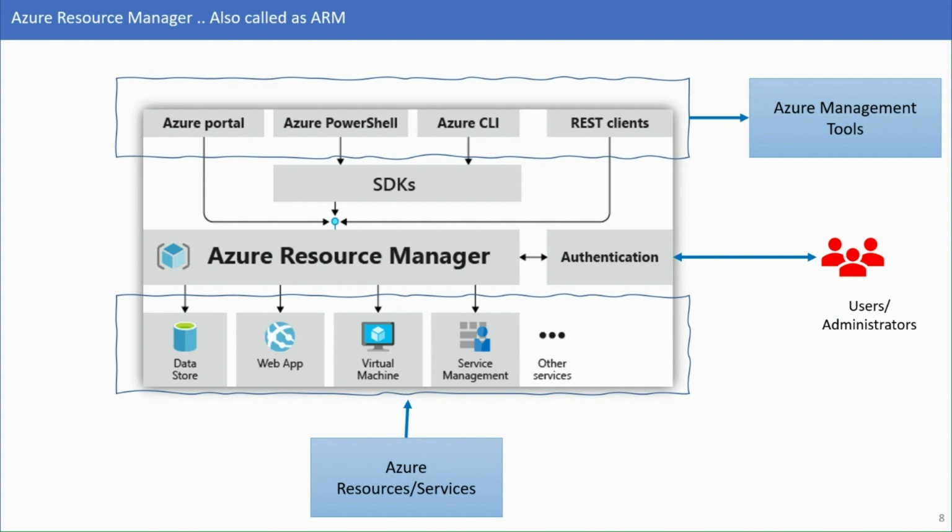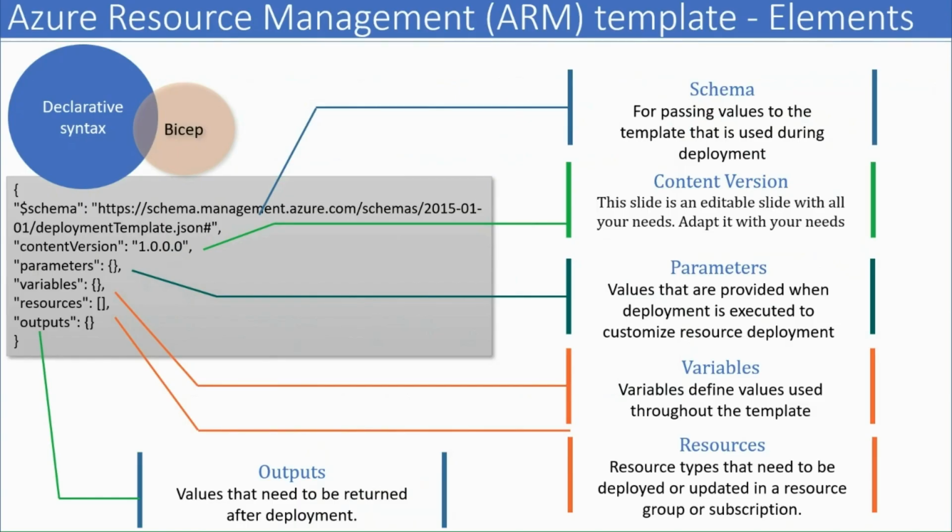And now let's see the ARM template structure. We are discussing that it is a JSON file format, a human readable file format, and it is a declarative syntax. I mean, this is introduced by Microsoft as a new infrastructure as code that is called Azure Bicep. There is another name.